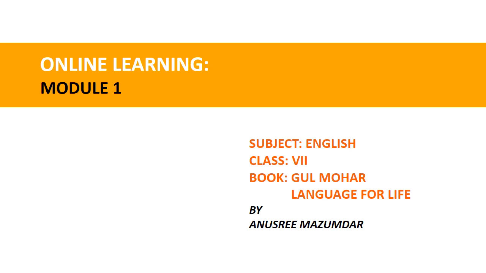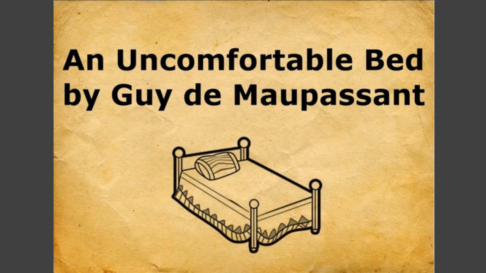There are two books prescribed for class 7th, Gulmohar Language for Life and Grammar Language Skills. Today, in this introductory module, I would discuss in detail the very first lesson of Gulmohar, Language for Life.